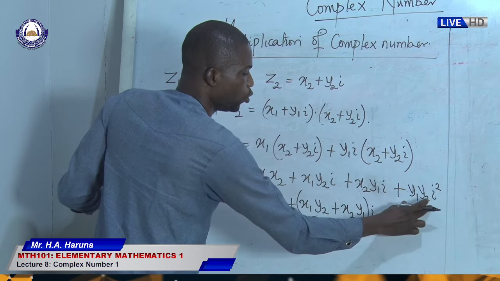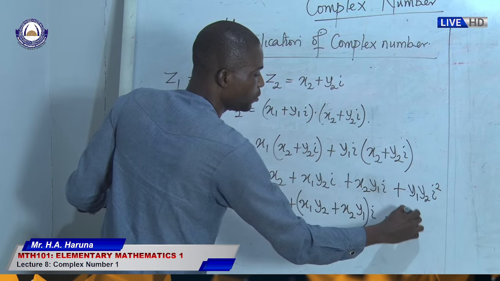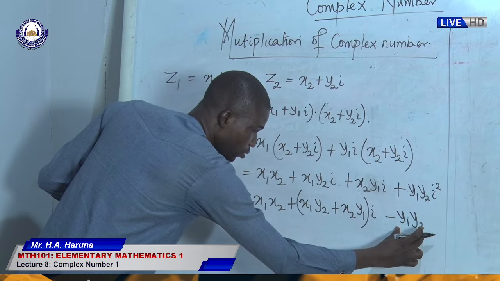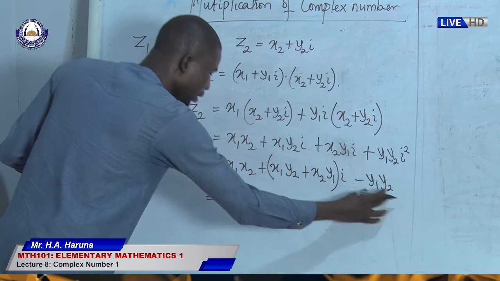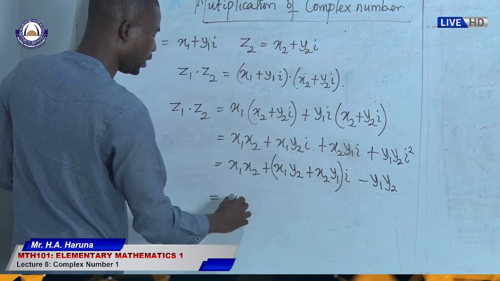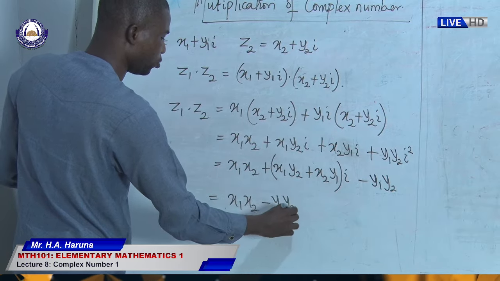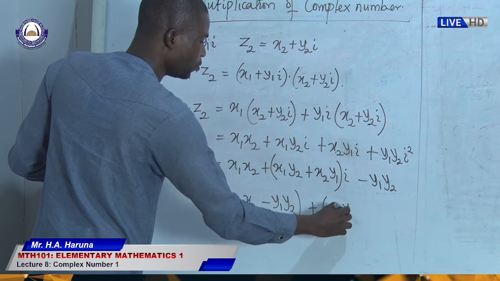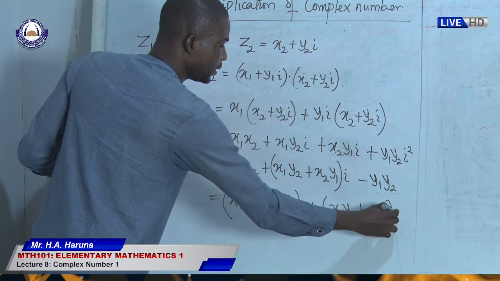Hence, if you multiply the whole of this with negative 1, we are going to have minus y1 y2. So this has changed from complex to real. You can say (x1 x2 minus y1 y2) in bracket, then plus (x1 y2 plus x2 y1) in bracket i.